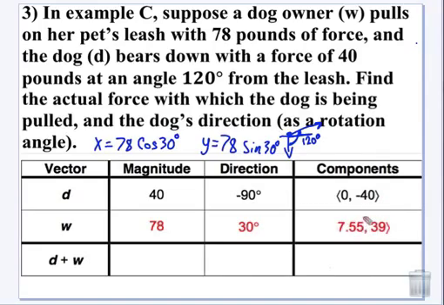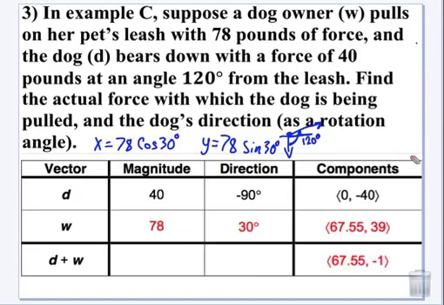I can't remember how far they rounded. They rounded to, looks like, 2 decimal places. All right, so those are my components, and I get those from plugging it into the calculator. Now, I'm going to add these two components together to get my resultant, and I get -1 and 67.55.